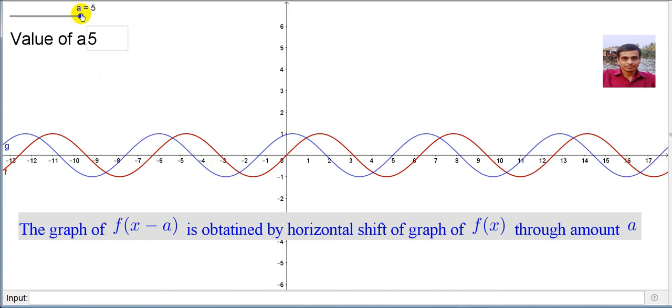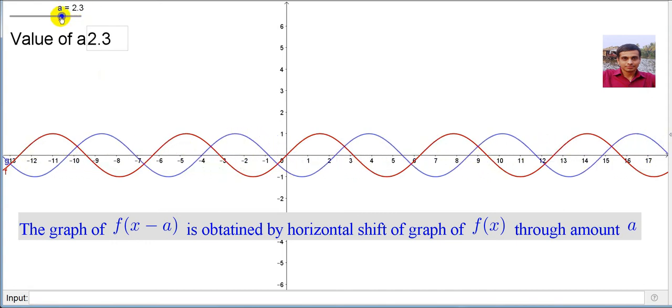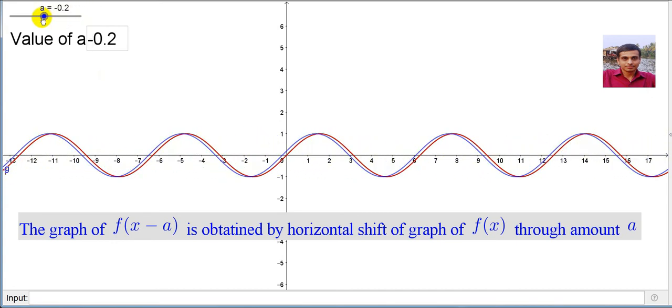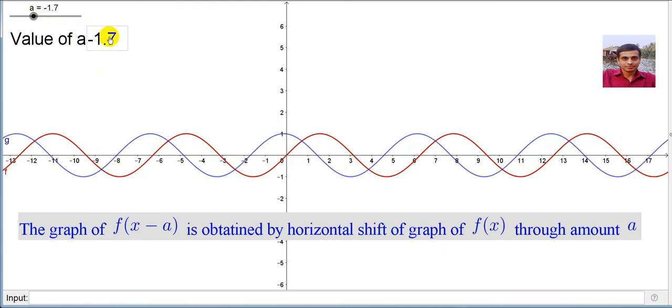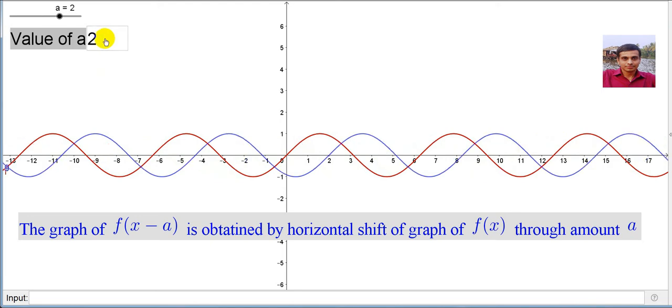For different values of a, we can see how the graph in blue color gets changed. For example, if I want to obtain say the graph of sin of x minus 2, this is how I can obtain. I just need to horizontally shift the graph of sin x through amount 2, and that will give me the graph of sin of x minus 2. First relation we are done.